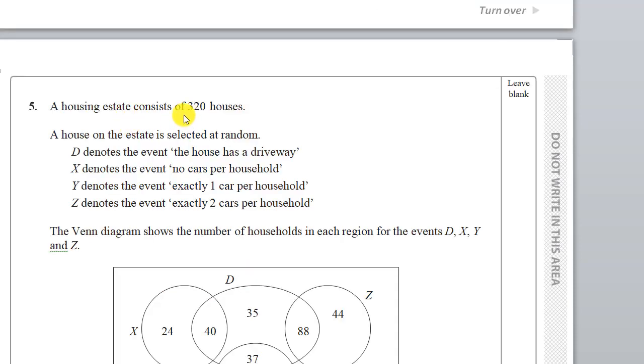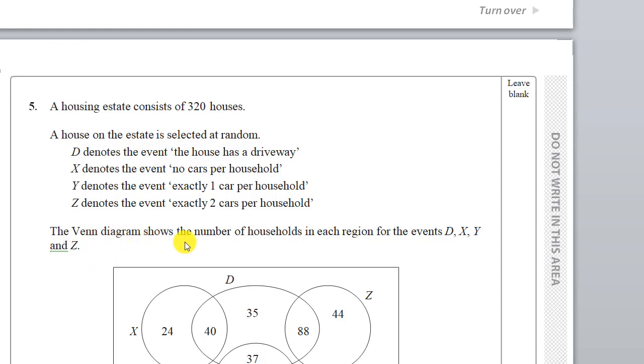A housing estate consists of 320 houses. A house on the estate is selected at random. D denotes the event the house has a driveway. X is no cars per household. Y is exactly 1 car per household. Z is exactly 2 cars per household.